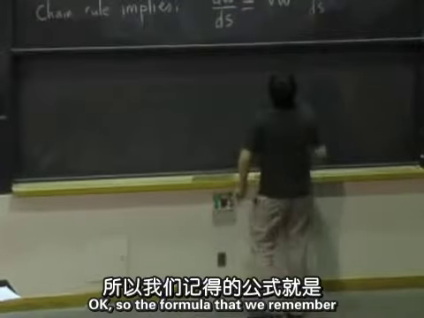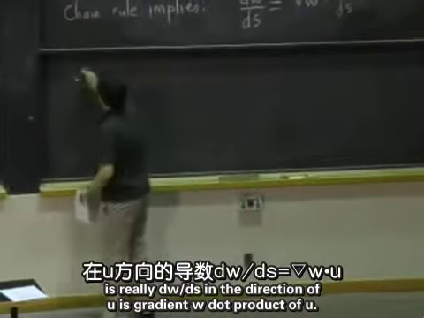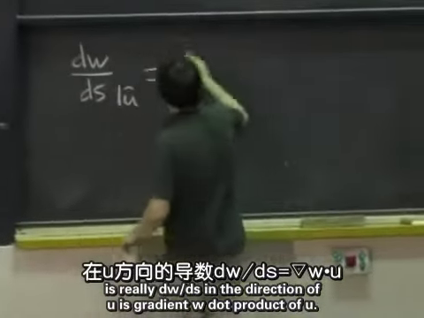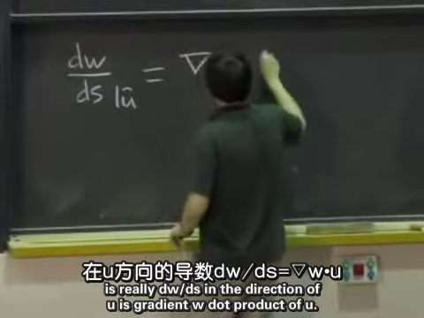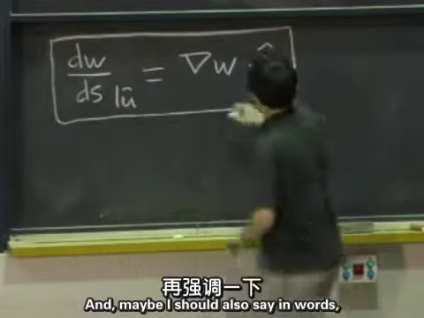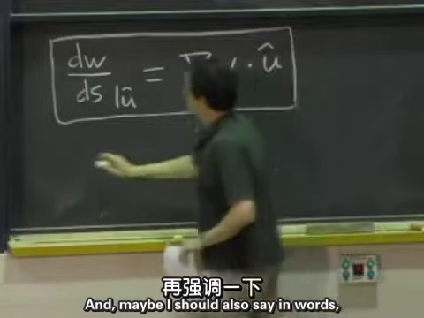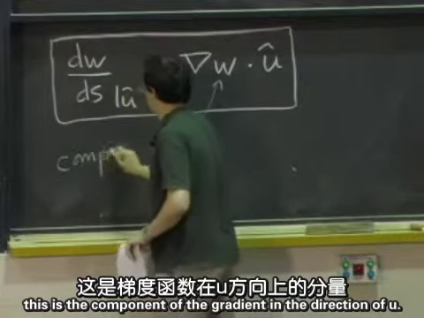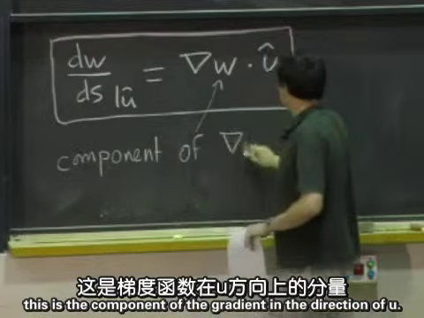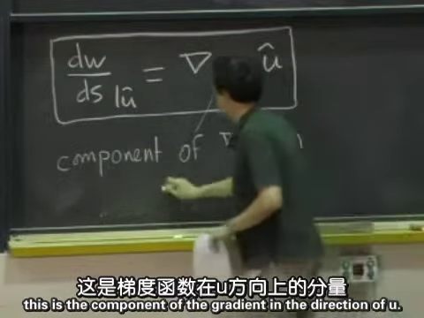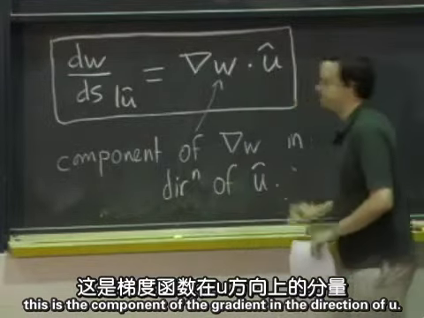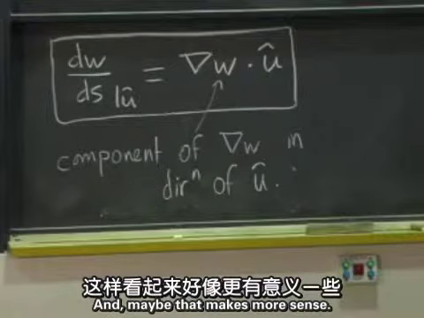Okay, so the formula that we remember is really dw by ds in the direction of u is gradient w dot product with u. And maybe I should also say, in words, this is the component of the gradient in the direction of u. And maybe that makes more sense.